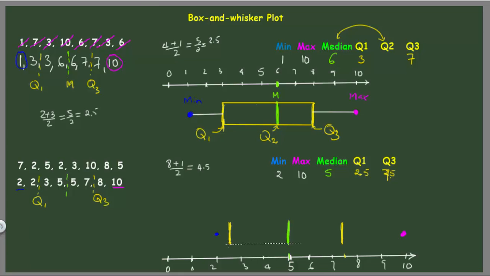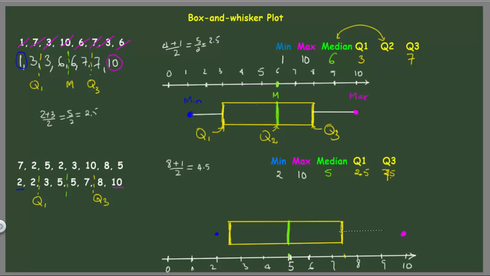So we can just connect our values or plots right here, and then on the top also. And then now connect the whisker to it. All right.